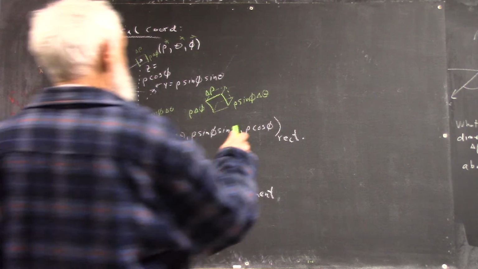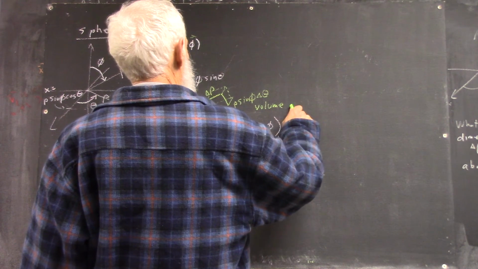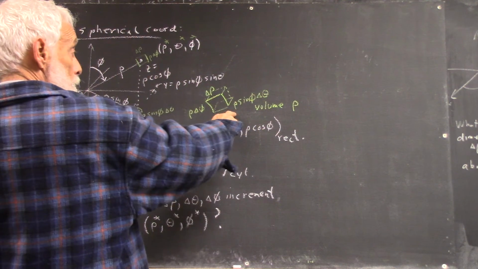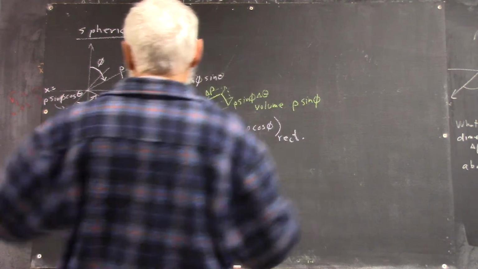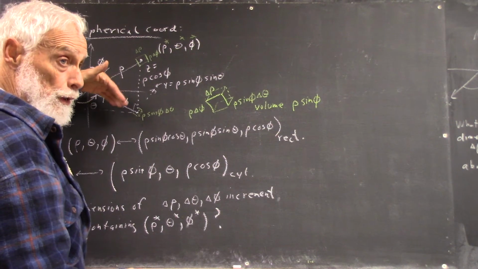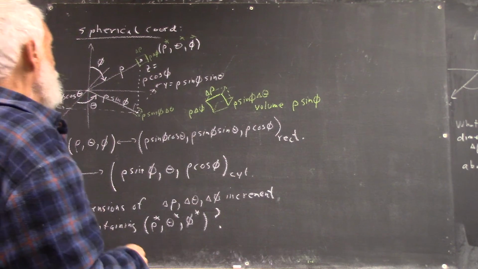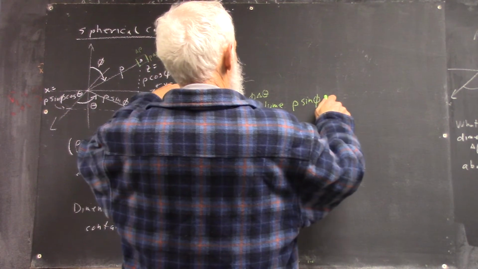So the volume is just one rho, and then phi just comes in. The only thing phi does is it gives you the wiggle down here. And then you have your delta rho.